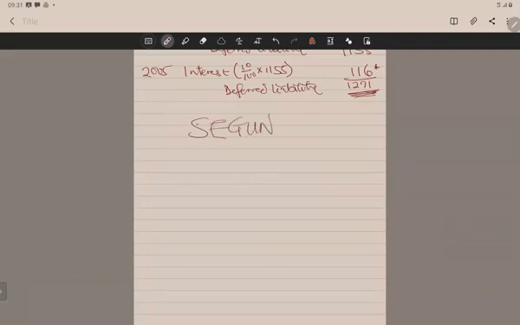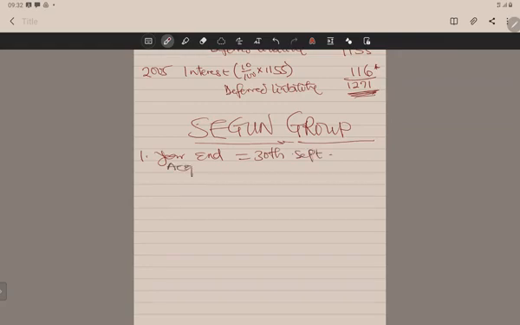The next one we are doing now is Segun group. The year end is 30th September. He acquired another subsidiary on January 1st, 2014. From January to September, how many months do we have?